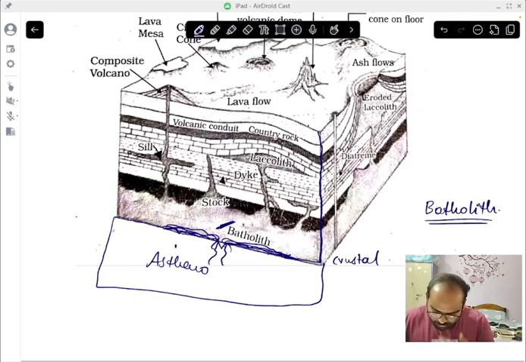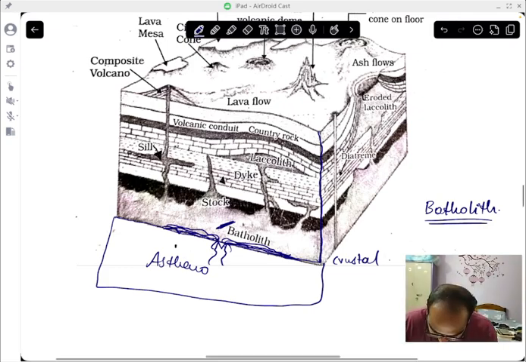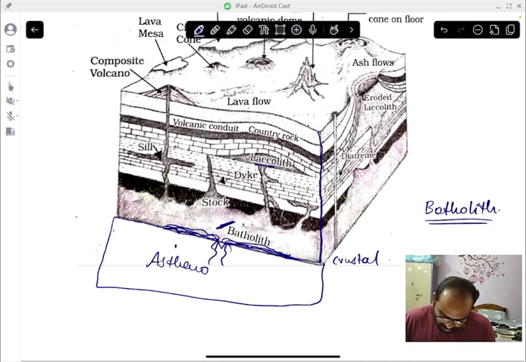See, laccolith. Sometimes this magma travels towards the upper parts of the crust. It travels in a conduit, in a straight manner, and when it reaches somewhat upper portions of the crust, it gets solidified into a dome shaped structure called laccolith.